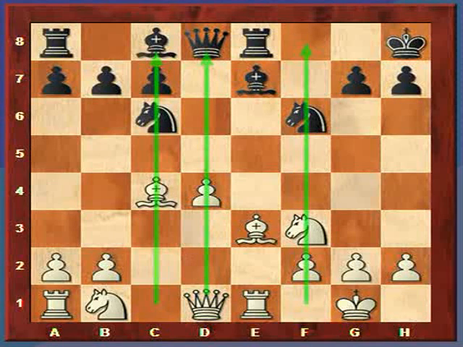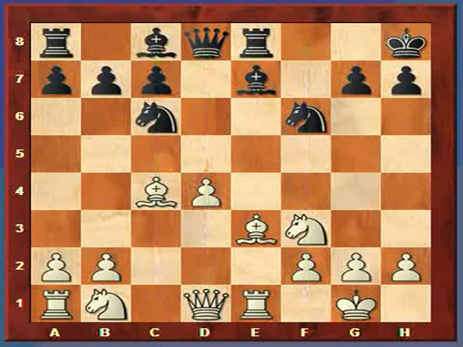Just to let you know, the side with the pawn on the file is at somewhat of a disadvantage. It may not be 100% true, but if you think about it, remember, the pawns are like your wall.